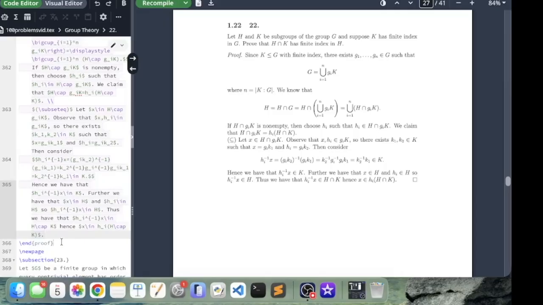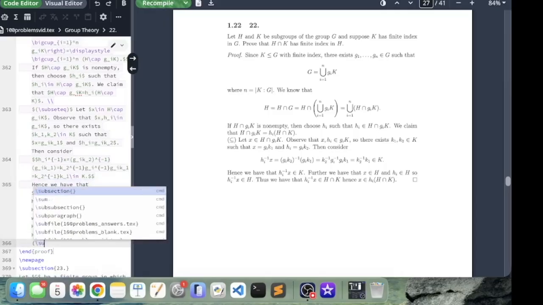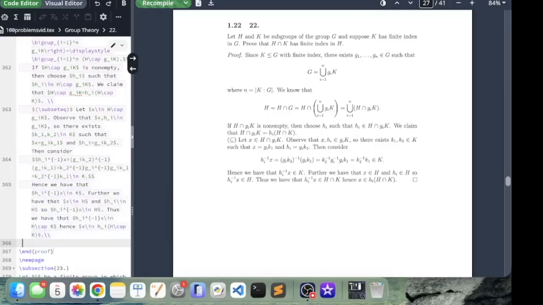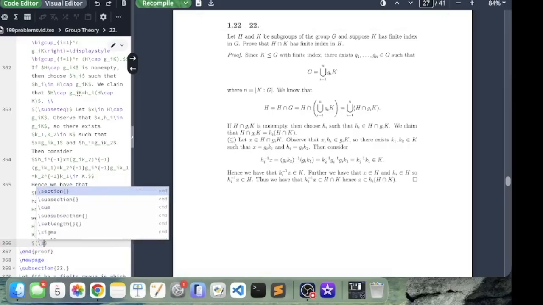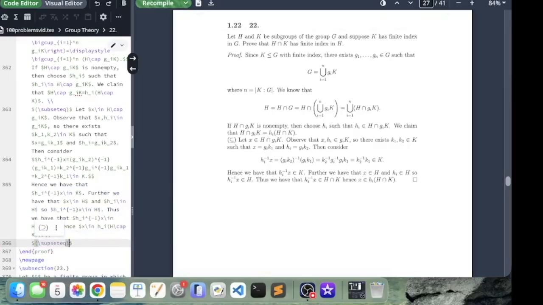Now we want to show the other side of the inclusion. Let's do this in math mode. Superset equals. Okay, let's make sure this is formatted properly. And we're going to do this direction slightly differently.